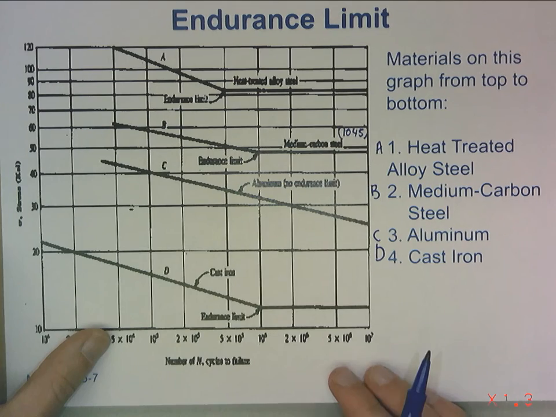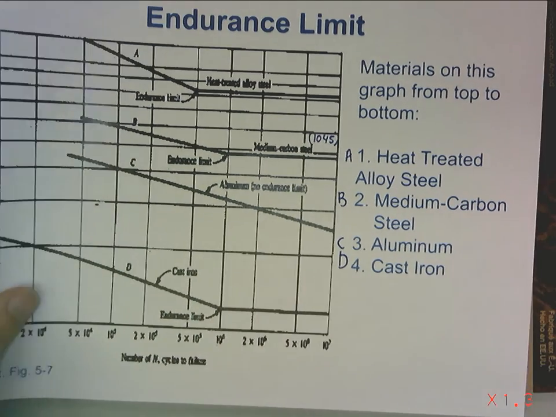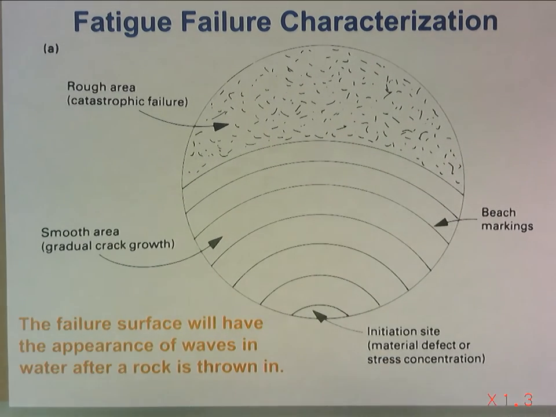In general, the stronger the material is, usually the higher its endurance limit. So looking at characterizing a fatigue failure, I've talked about how we characterize an impact failure and tensile failures, right? We talked about ductile and brittle failures before the first test. Also creep failures. Now we're looking at fatigue failures.